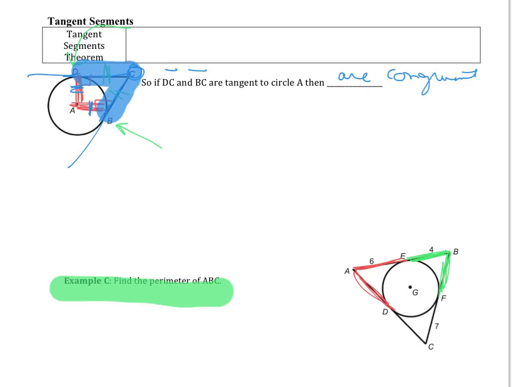So notice it is not the case that if AB is 10, then BC, the whole side, has to be 10. Right? So watch for that. So in this kind of a picture, watch for tangent segments to a circle. That has to be 7, this has to be 6, and labeling this has to be 4. So now finding the perimeter is a very simple matter.